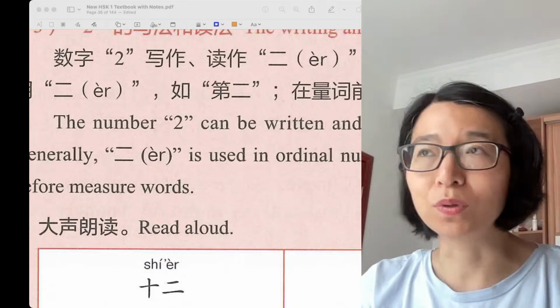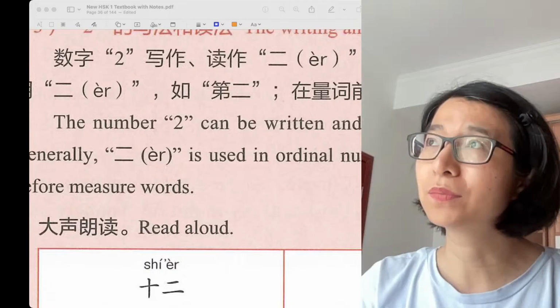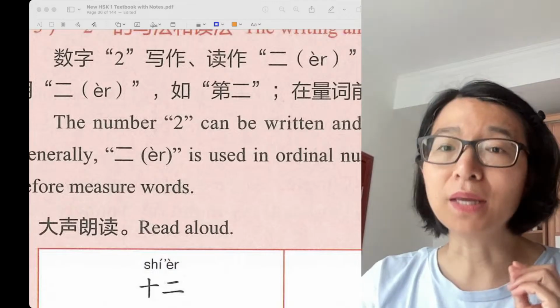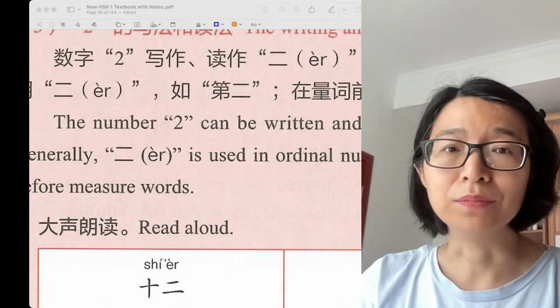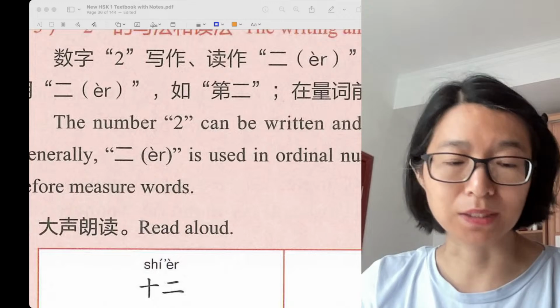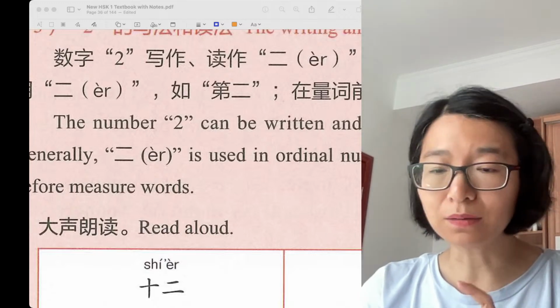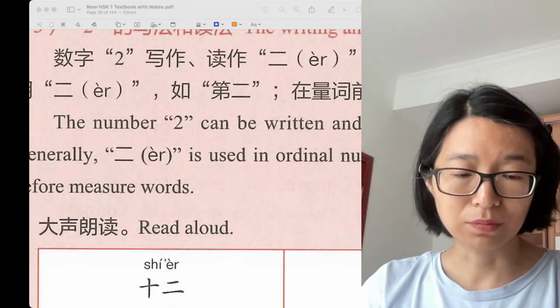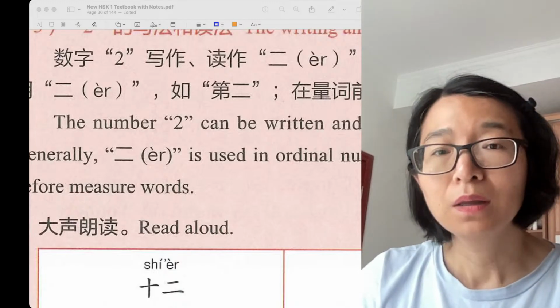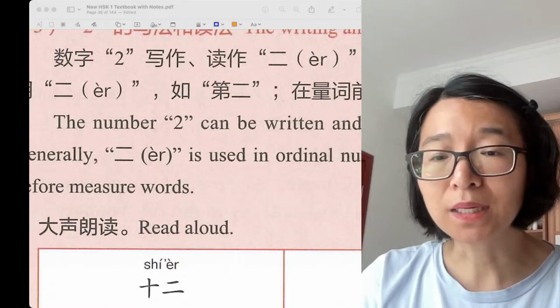When do we say 二? When do we say 两? Okay, 二 at the end of a number, for example, the second in Chinese, how do you say it? We say 第二, we don't say 第两, okay? So 二, right? But when do we say 两?